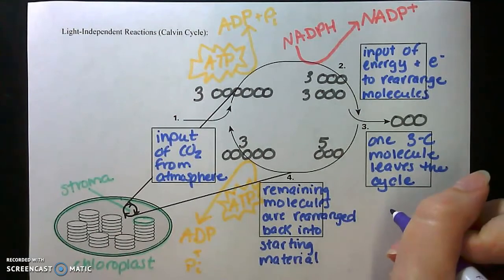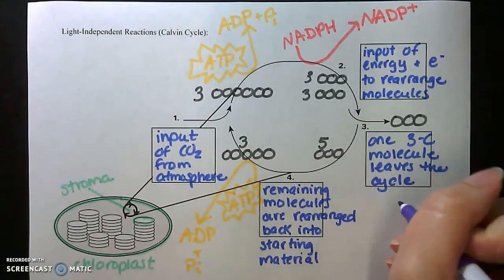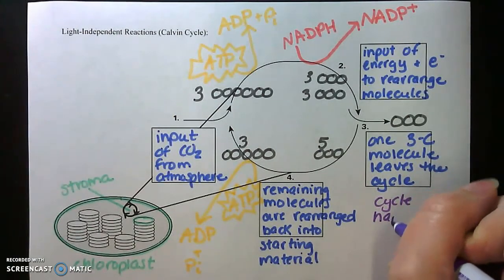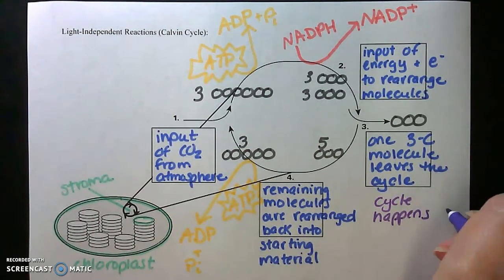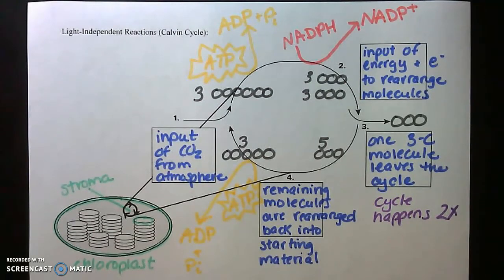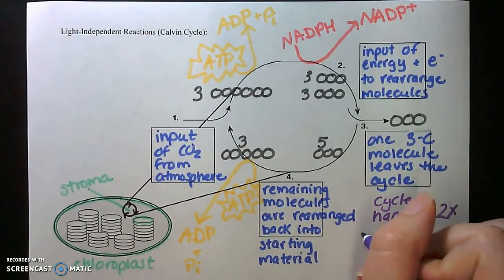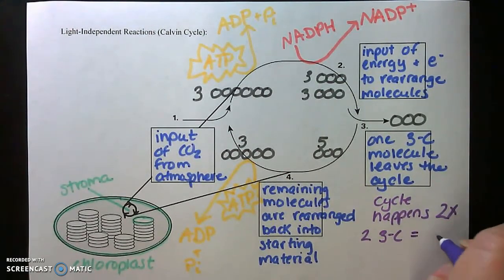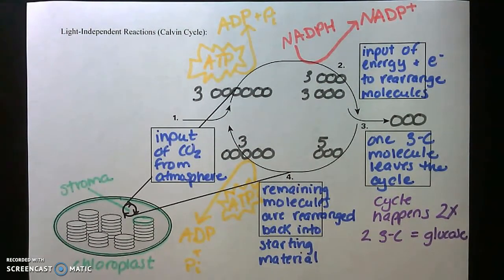So I'm going to make a note of that over here. This cycle is going to happen 2 times, and then 2 3-carbon molecules equals glucose. So 2 of those 3-carbon molecules get joined together. That forms our molecule of glucose, and that is our final product of photosynthesis.